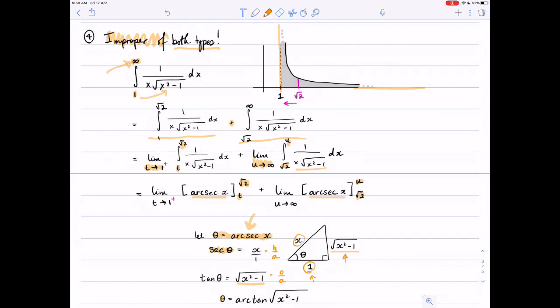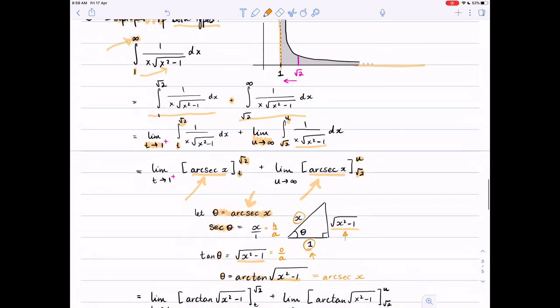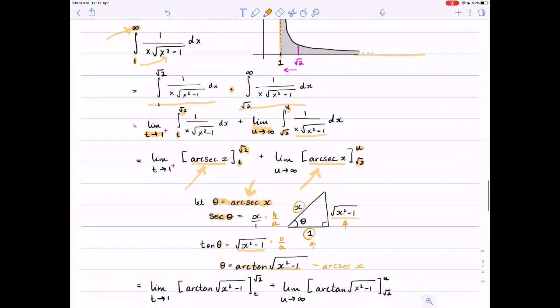So theta, which was the arcsecant of x for this range anyway, if I solve for theta, I'm getting the arctangent of the square root of x squared minus 1, that I can replace here instead of the arcsecant of x in my antiderivative in case I like that function better.